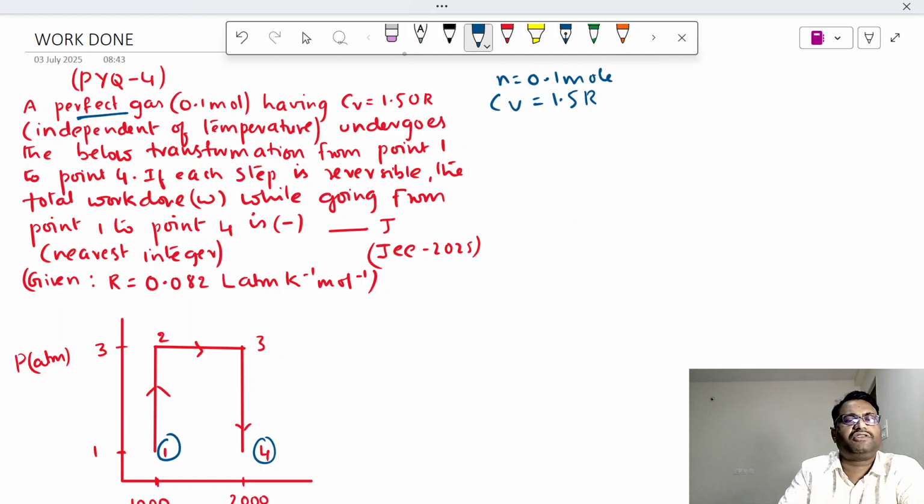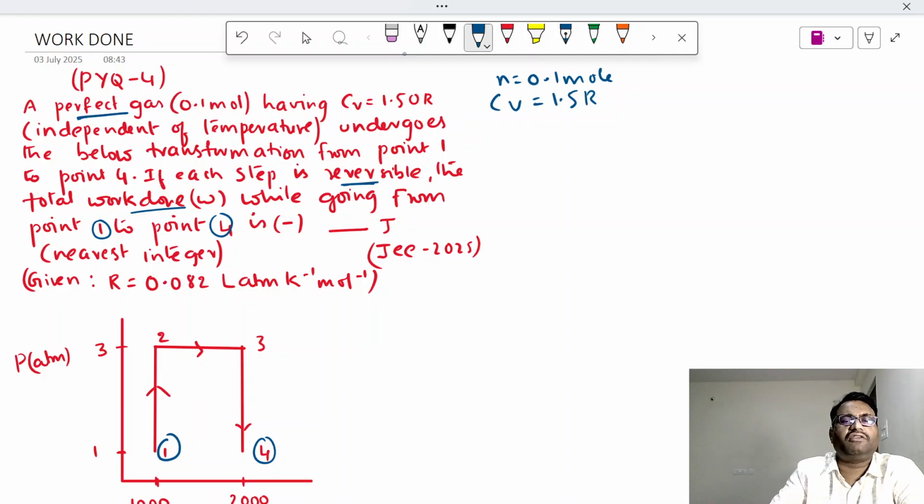If each step is reversible, the total work done while going from 1 to 4 is minus, already given, how many joules? R value is given as 0.082 liter atmosphere per Kelvin per mole. Again the graph is between P and V.